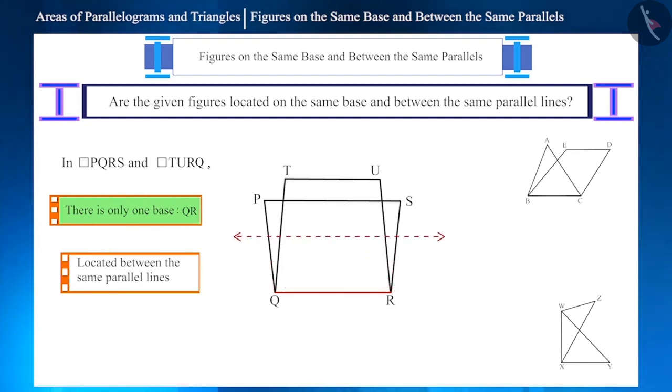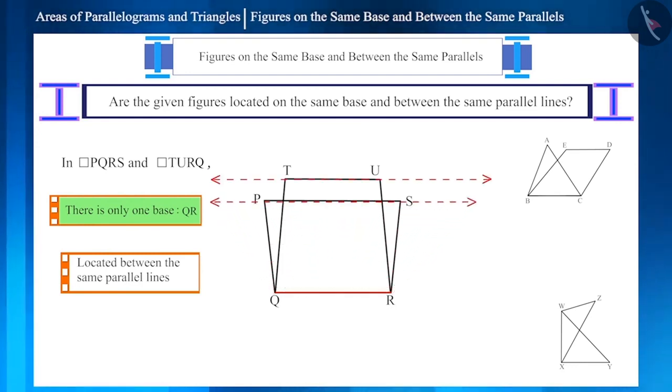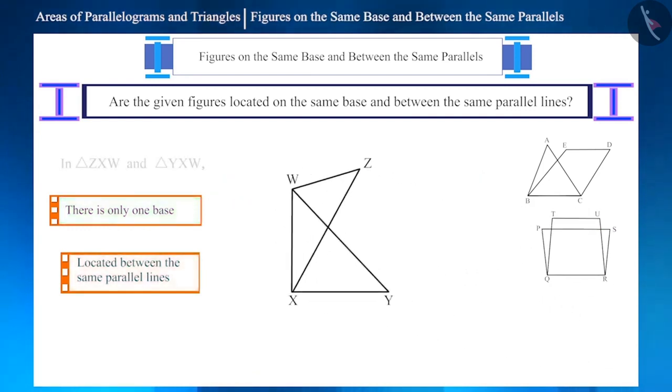So, are these figures located between the same parallel lines? No. Now for the third figure, what do you think about the height and base of these triangles? In these, side WX is the common side.